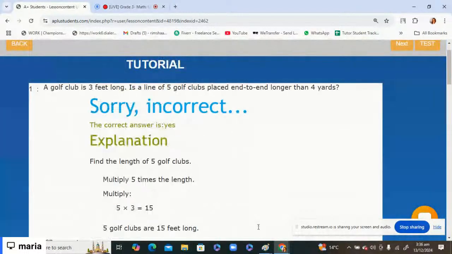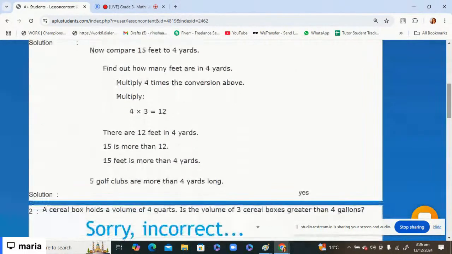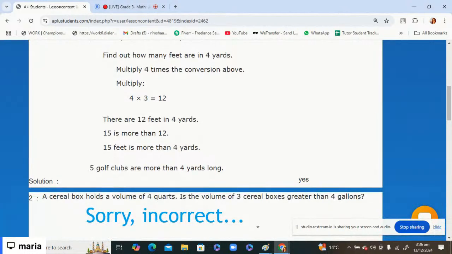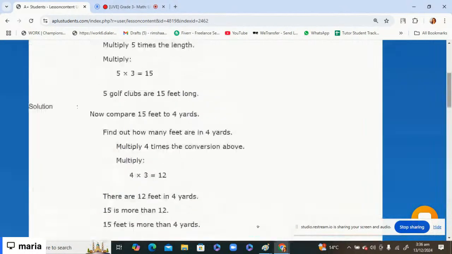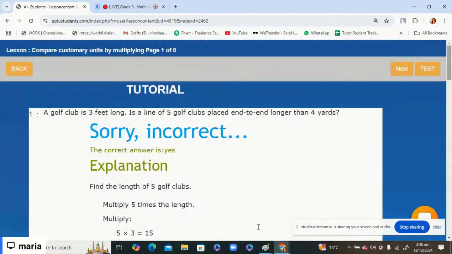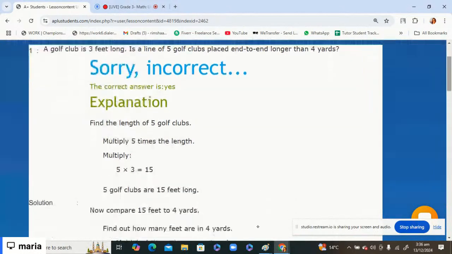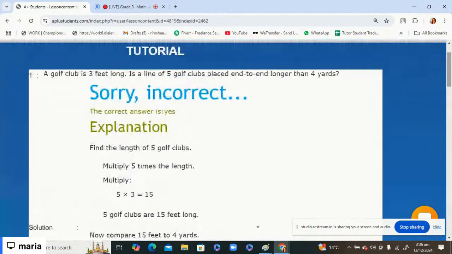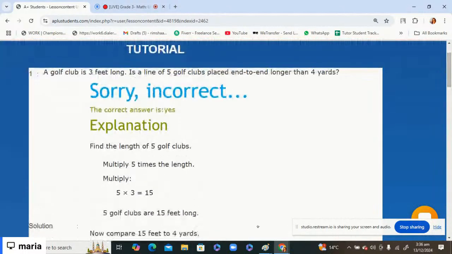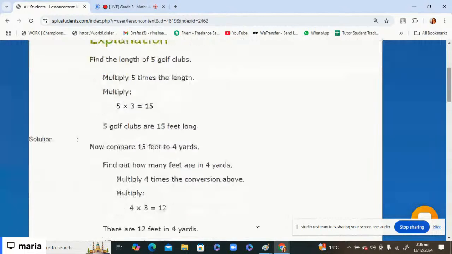So 5 times 3 is 15, which is greater as compared to 4 times 3 is 12. So we can say that basically the golf clubs are more than the 4 yards long. The 5 golf clubs are greater as compared to the 4 yards. Multiplying both the numbers with golf club feet, we can check the answer by simply multiplying.